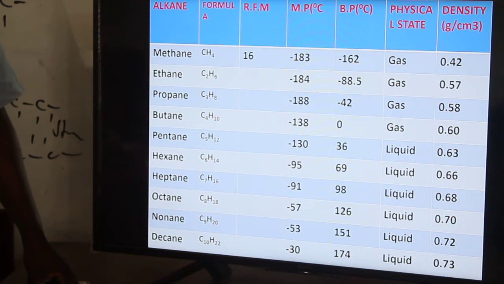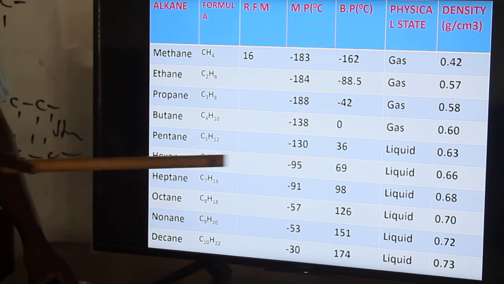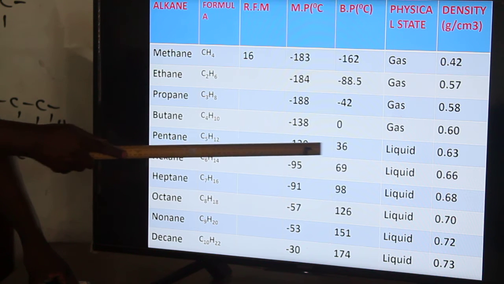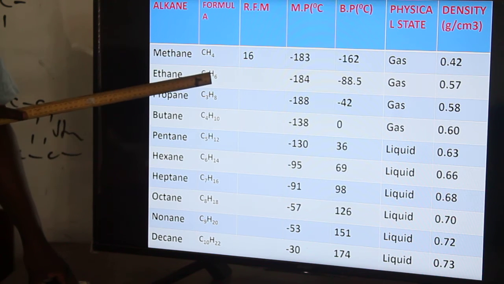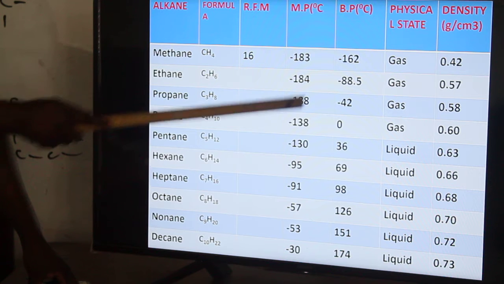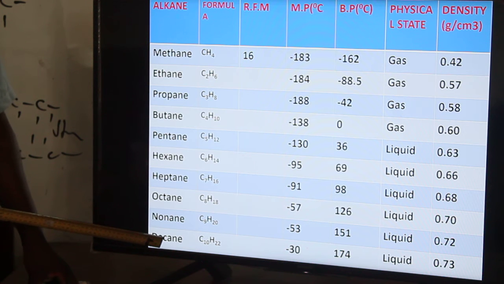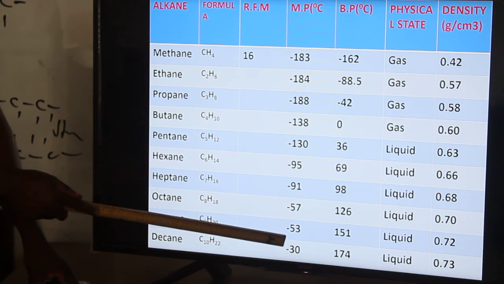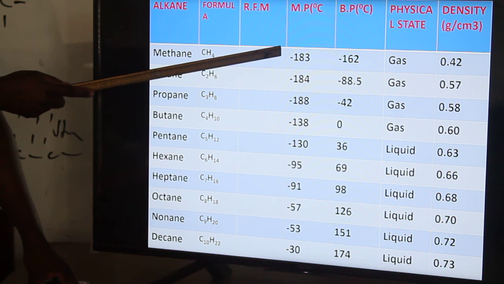Therefore, for example, pentane has a higher melting and boiling point than ethane. Decane has a higher melting and boiling point than the rest in this table.